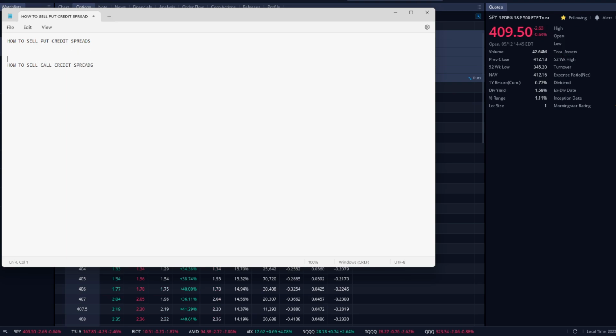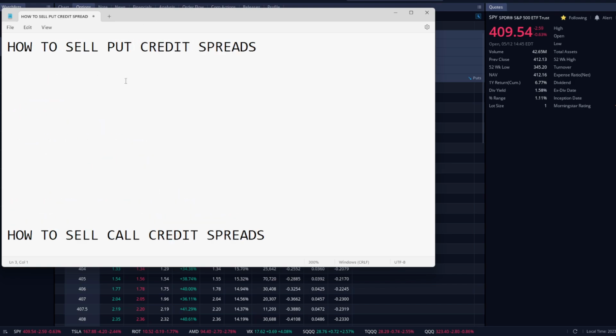The simplest way to understand this, in my opinion, is that you first have to understand what a cash secured put is.